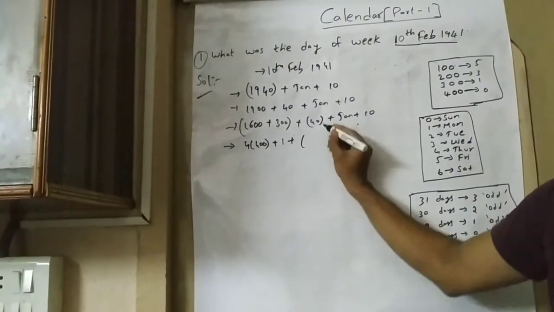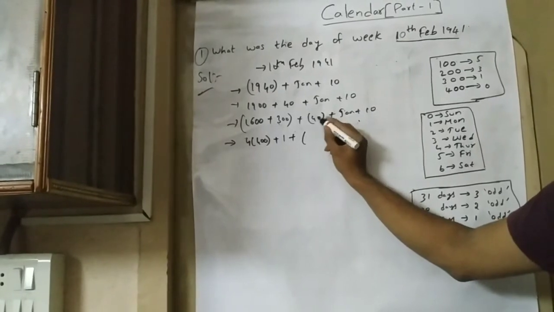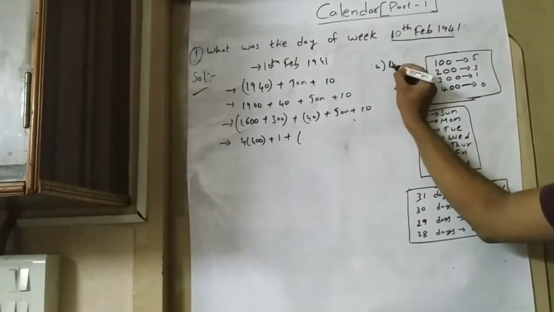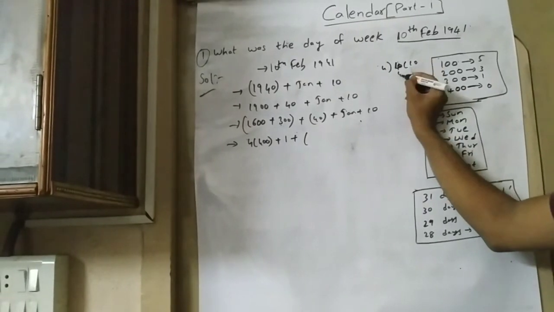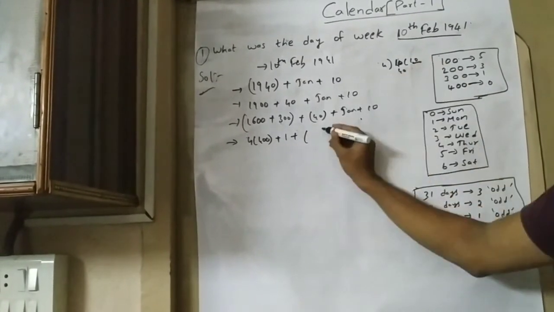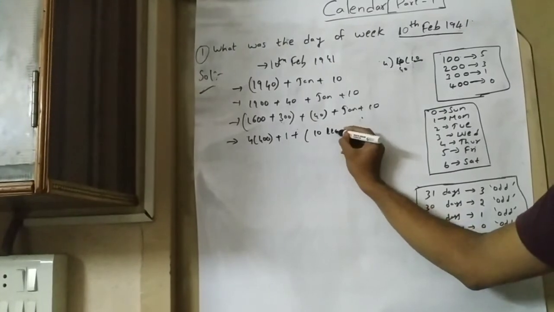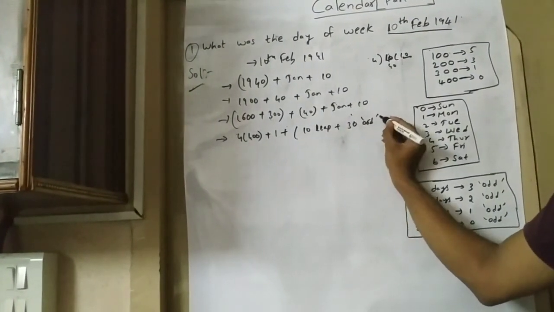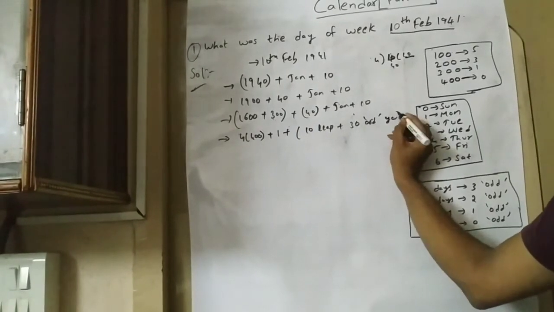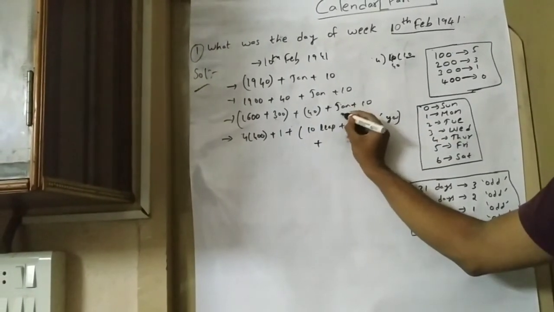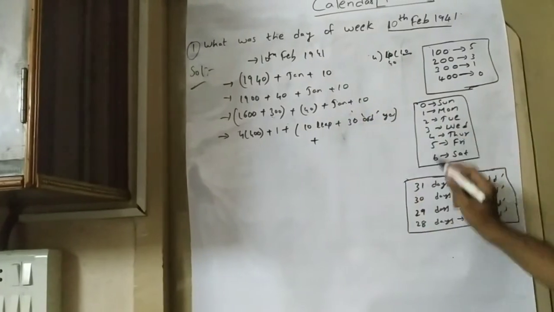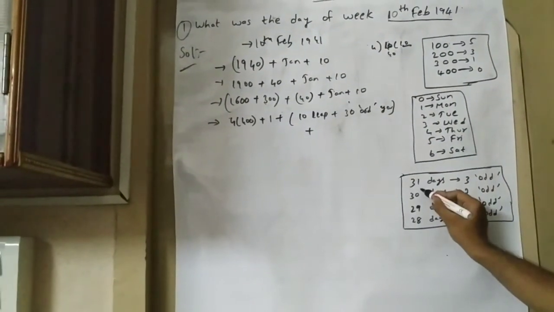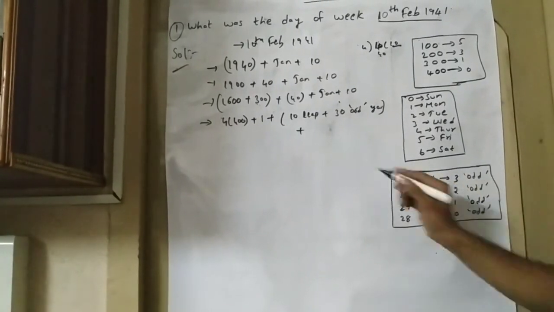Plus for 40 years, split it as 4 tens are 40. So there will be 10 leap years plus 30 ordinary years. Plus for January, the number of days will be 31 days, so there will be 3 odd days.